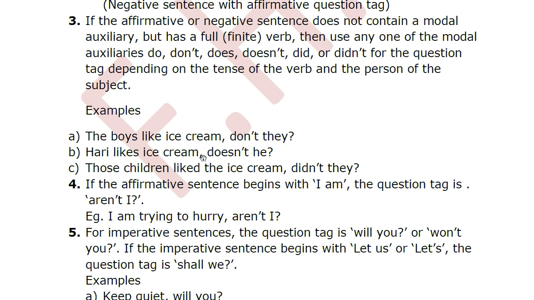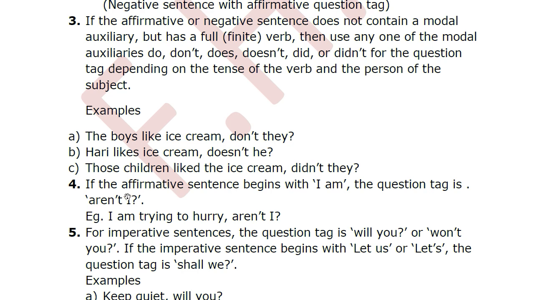See the examples of this. The boys like ice cream. So this is plural. So, don't they? Hari likes ice cream. Singular. Doesn't he? And this is all positive, so that's why the tag is negative. Those children liked the ice cream. This is also positive, so the tag is negative.